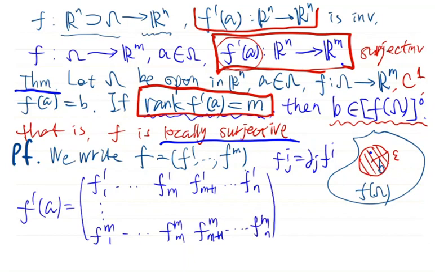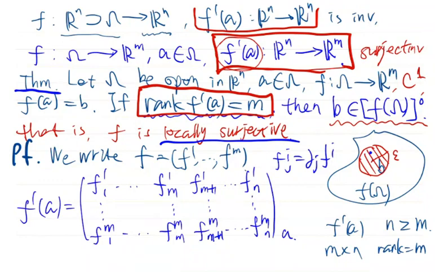All the derivatives are taken at the point A. The derivative is an m by n matrix. The rank is m. Therefore, n will not be less than m. n may equal m or be greater than m, but n will never be less than m.